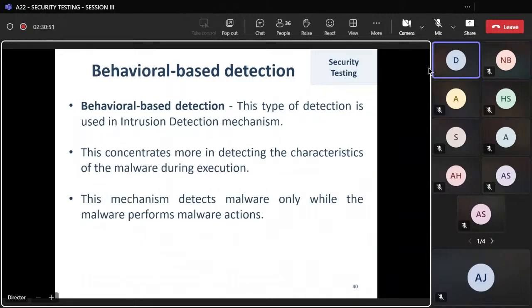Behavior based detection is based on the system behavior. Sometimes the memory of the system may be used to a greater extent, or the CPU resource, or it may try to connect to different blacklisted domains. So there will be behavior based detection, not on a specific pattern.